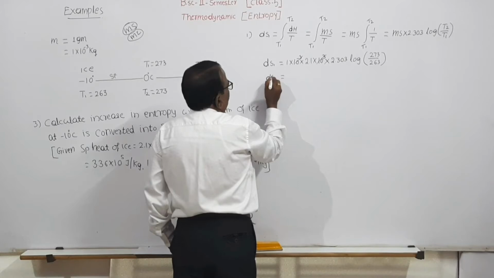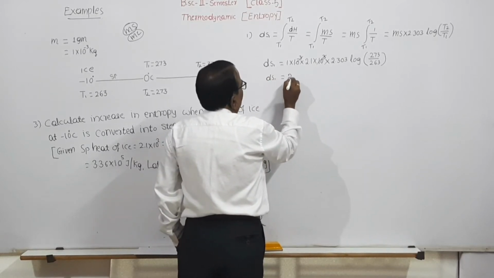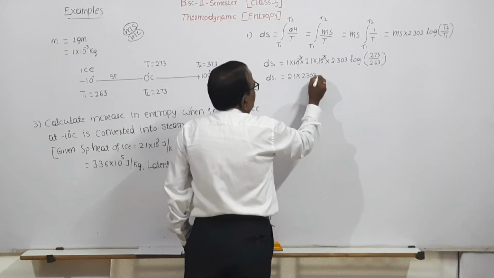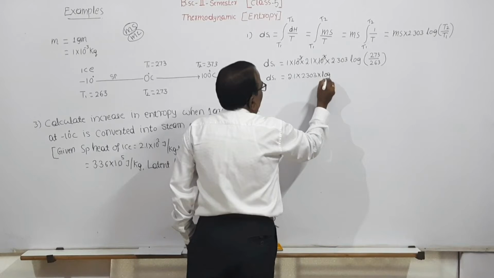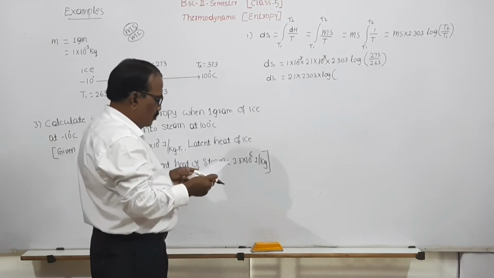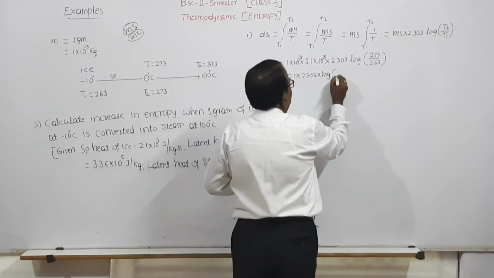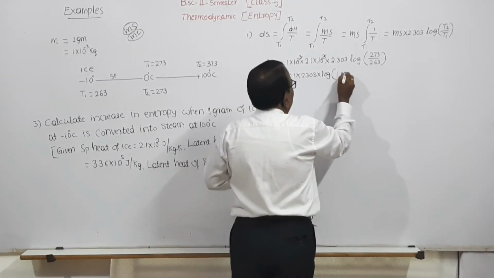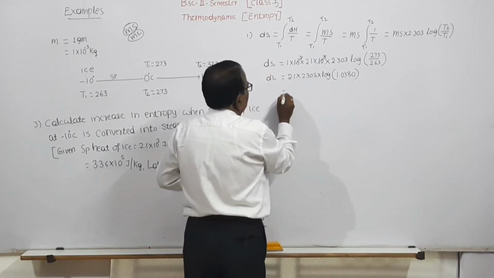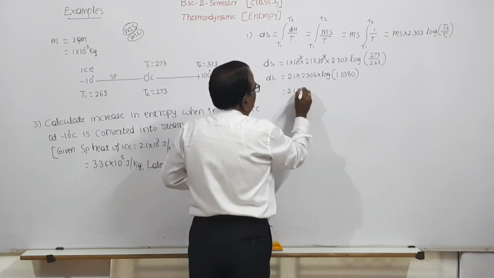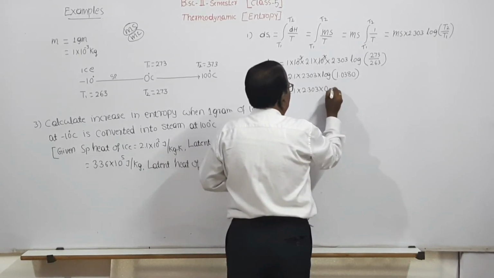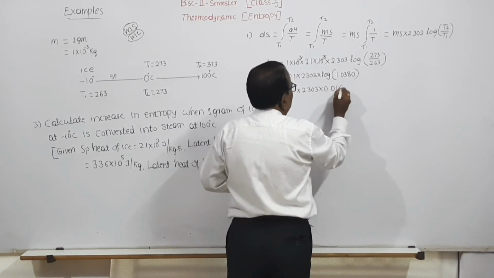This is dS1, 2.1 into 2.303 into log of, if you divide 273 by 263, you are going to get 1.0380. So this is 2.1 into 2.303 into log of this, which is 0.0162.